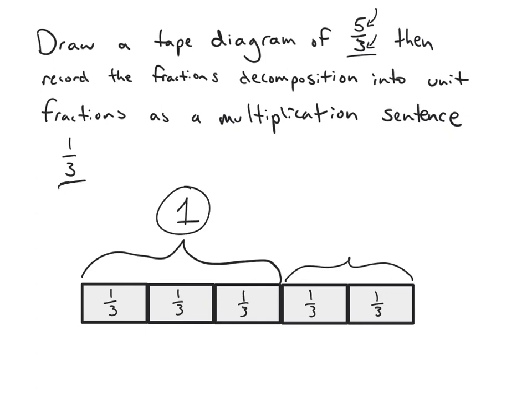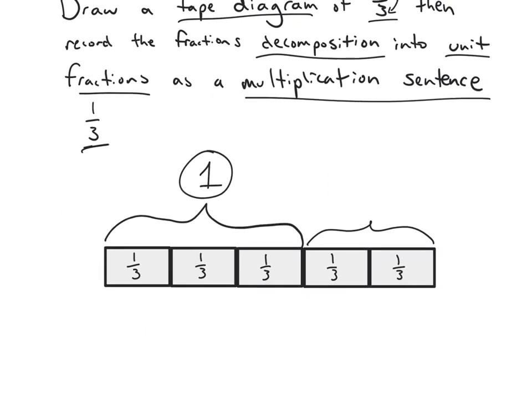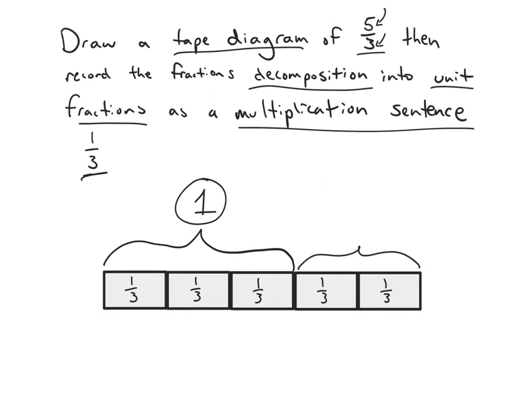So now that we've drawn our tape diagram, we need to record the fraction's decomposition into unit fractions as a multiplication sentence. So in order to do that, just like before, we need to take a look at what our unit fraction is, and we've been talking about how it is 1/3. And we need to say how many copies of 1/3 do we have.